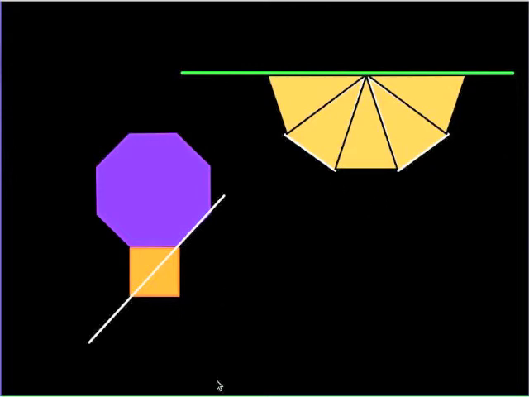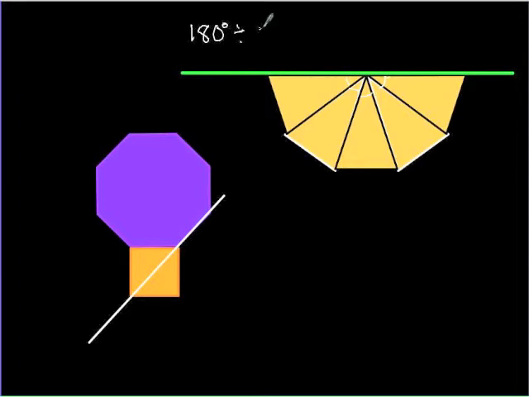Going back to this problem, we're going to be looking at this one right here, and we're going to go with a straight line again. The straight line is 180 degrees. There are 1, 2, 3, 4, 5 angles in that 180 degrees.